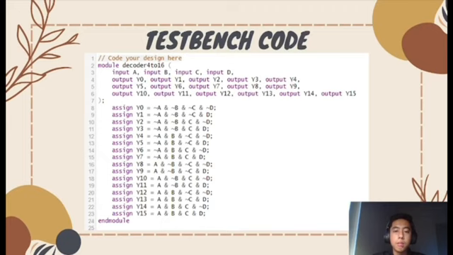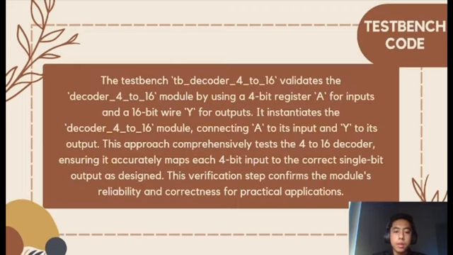This is the test bench code. The test bench TB decoder 4 to 16 validates the decoder 4 to 16 module by using a 4-bit register A for the inputs and a 16-bit wire Y for outputs. It instantiates the decoder 4 to 16 module, connecting A to its input and Y to its output.